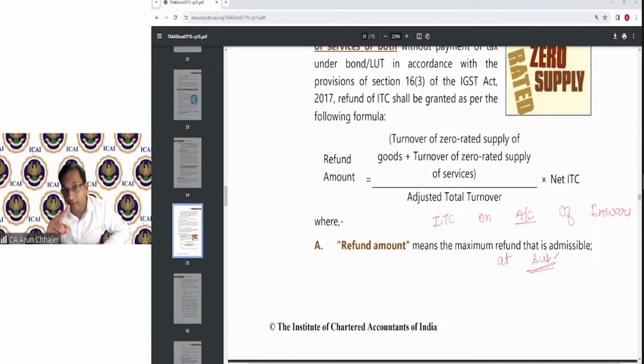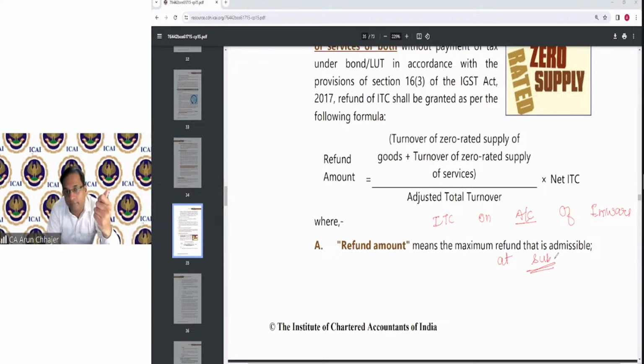You remember, I am an exporter and I am purchasing the goods from a merchant exporter. I am purchasing the goods as a merchant export, at 0.1%. Or I am an export oriented unit, and therefore I am purchasing by taking the benefit of deemed export.